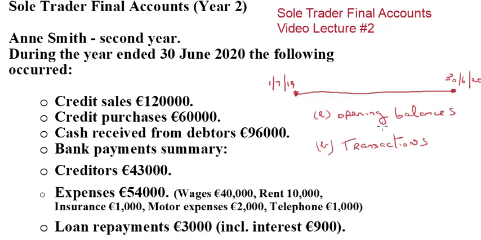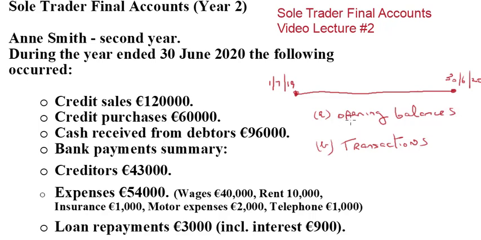In relation to the opening balances, we're not actually given any information here, so we have to rely on the accounts that we did in her first year. When we were doing our accounts in the first year, we ended up with a balance sheet at the end of June 2019, and that's where we're going to find the opening balances.